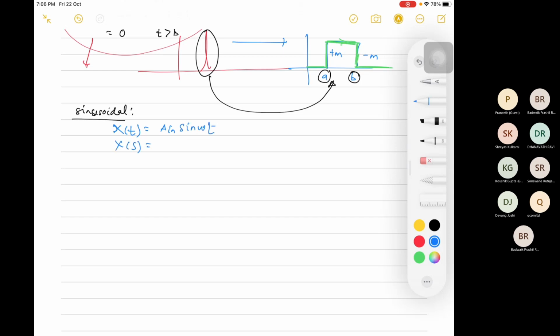Capital X of s equals, the Laplace transform of sine omega t is always a constant upon something. So A in times omega, divided by s square plus omega square. So this is your X of t and X of s.